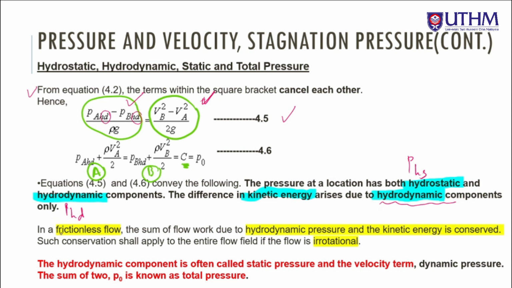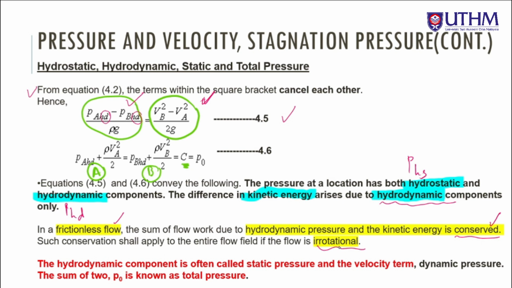So in a frictionless flow yang tak ada friction, macam dia consider inviscid lah, the sum of flow work due to hydrodynamic pressure and kinetic energy can be considered conserved, sebab tak ada loss. Bila tak ada friction, maksud dia tak ada loss lah kan. So that's why dia conserve. Such conservation shall apply to the entire flow field if the flow is irrotational.